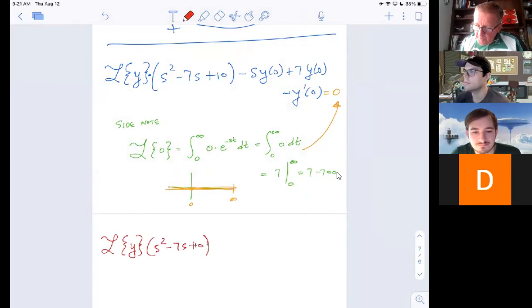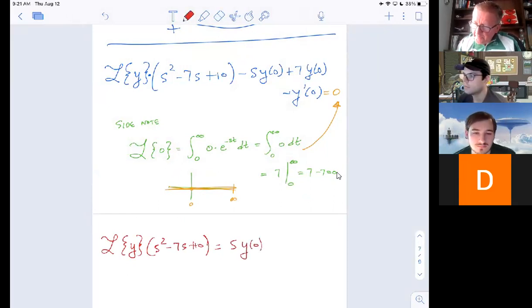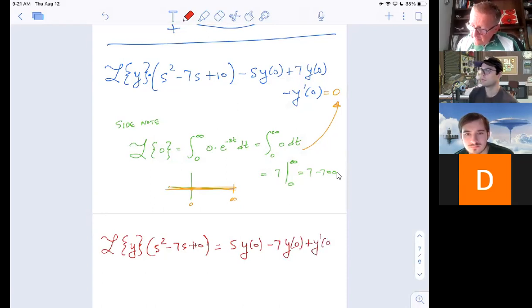And now I'm going to add all that other junk to the other side. So it's a negative s y0. If I add it to the other side, it'd be s times y of 0, but positive, right? And then if I subtract 7 y of 0 over there, I get this. And if I add y prime of 0 over there, I get this.